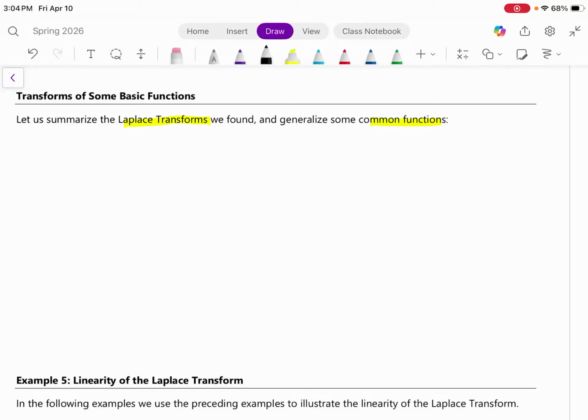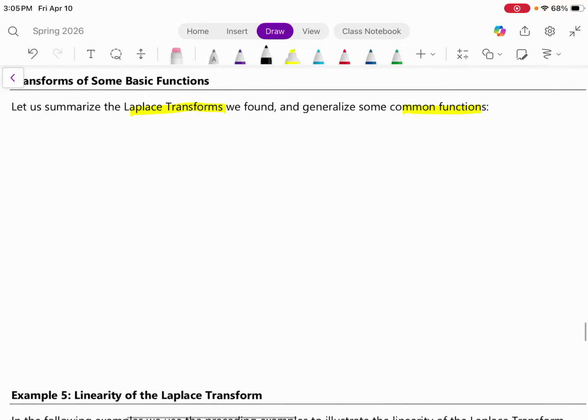So, we could make a table like f of t, and the Laplace transforms we've done so far. So, we've done one, we've done a polynomial like t to the n.